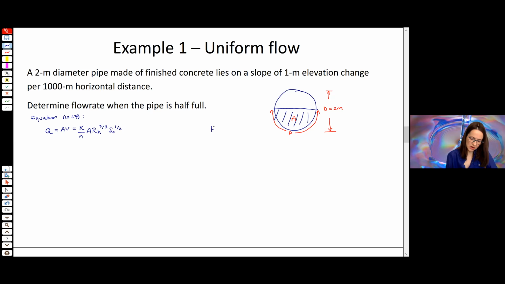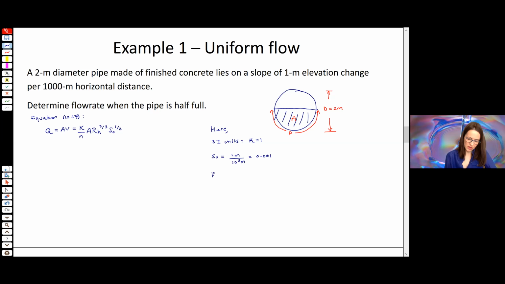So here, for this problem, we're using SI units. So that tells us that kappa is equal to just 1. The slope, S naught, the bottom slope is 1 meter over 1,000 meters, which gives us 0.001, unitless.